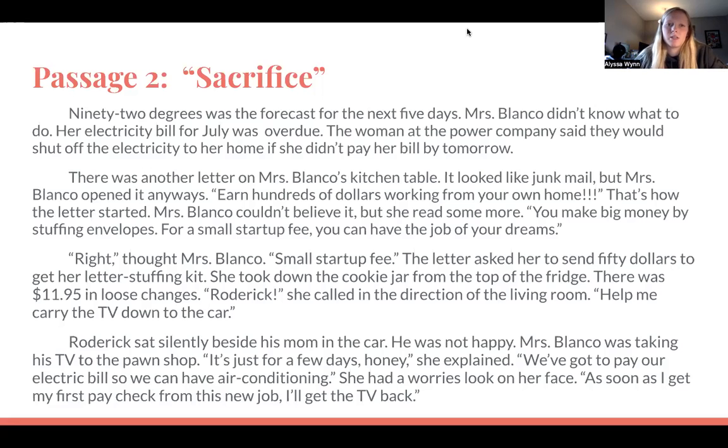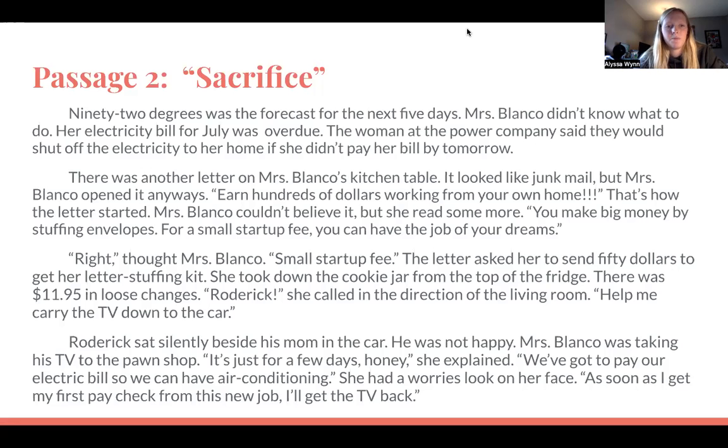Right, thought Mrs. Blanco. Small startup fee. The letter asked her to send $50 to get her letter stuffing kit. She took down the cookie jar from the top of the fridge. There was $11.95 in loose change. Roderick, she called in the direction of the living room, help me carry the TV down to the car.